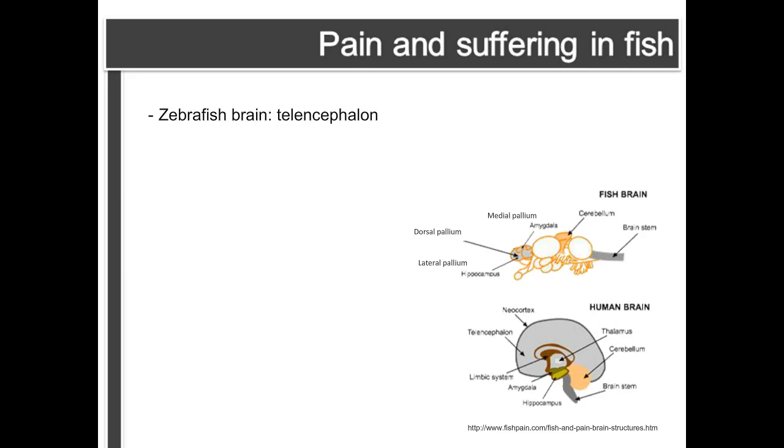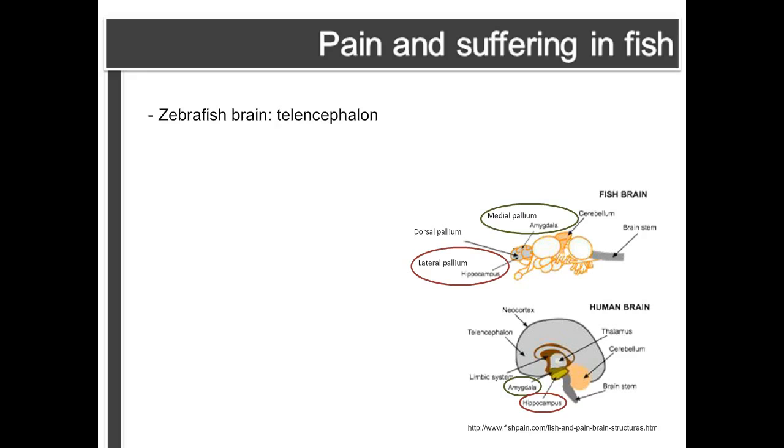So this is a representation of the fish brain versus the human brain. Quite complex, of course, the human brain, but there are some structures that can be analogous. For example, the hippocampus in humans is analogous to the lateral pallium.